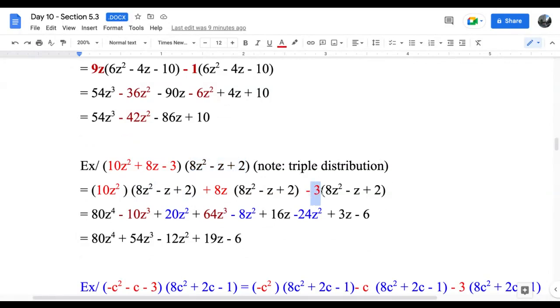Then minus 3 multiplied by the second trinomial. Now we just have to multiply this monomial with the trinomial, each one of it. We get this. And for this one, we get this one.